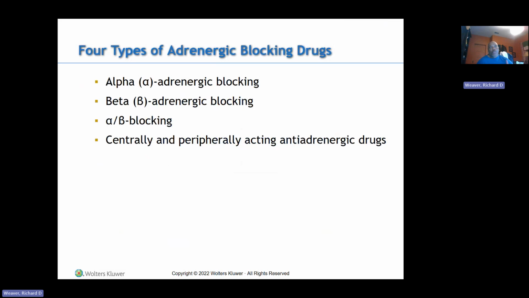Actually, if it's one or the other, it's selective. But if it's an alpha and a beta drug, then it is non-selective. And then you have the centrally and peripherally acting anti-adrenergic drugs.